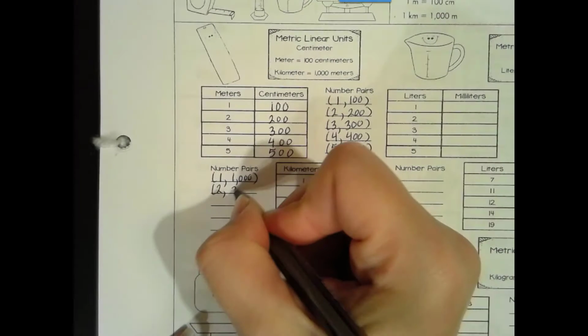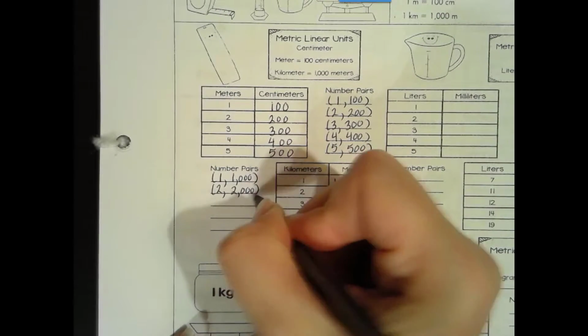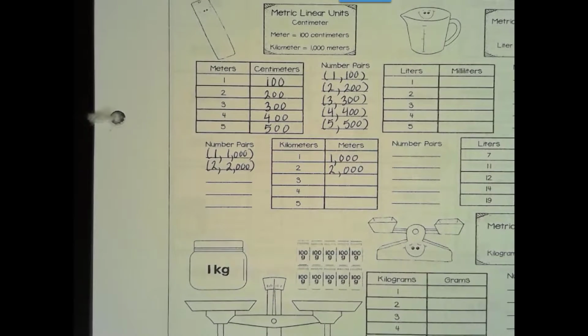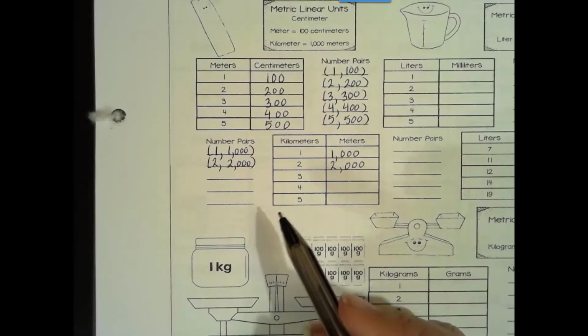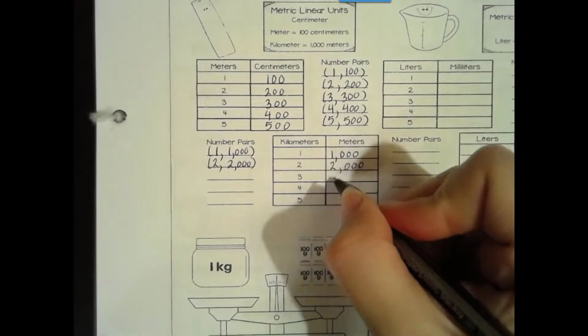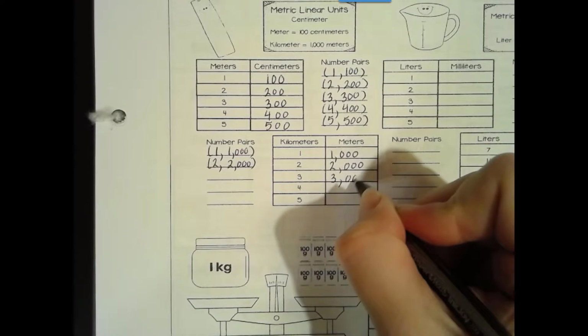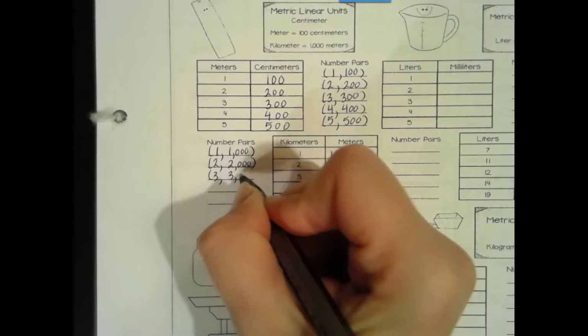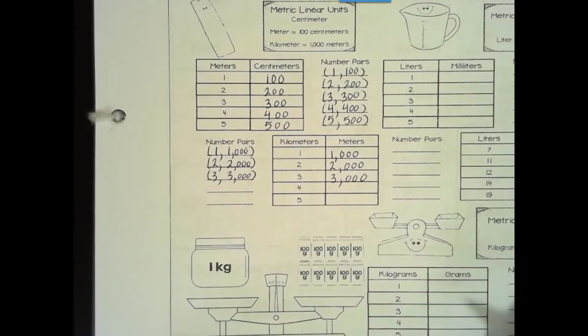This seems easy, that's good. That's the point of the metric system. To make it a little easier, we're just multiplying by tens, hundreds, thousands. So we're just moving things over places. So 3 sets of 1,000 is 3,000. So for every 3 kilometers, there's 3,000 meters.